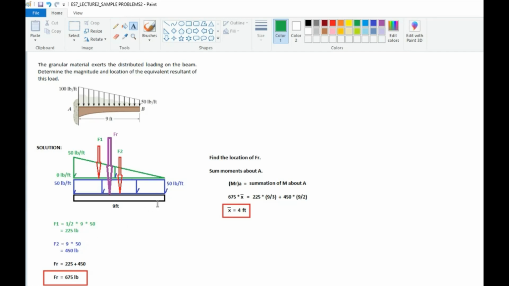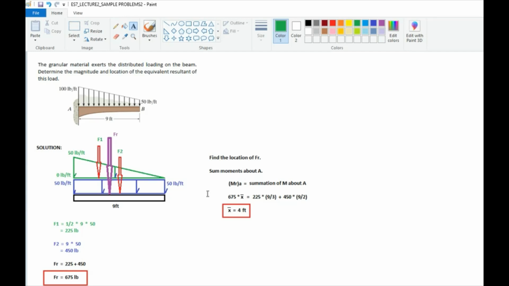So, base 9, height 50, you get 450 pounds. Now, to get the resultant, since pareho namang pababa yung direction nito, ibig sabihin, i-add mo lang sila. Diba? Therefore, FR is equal to 675 pounds. Ayan, may FR na. Ngayon, kukunin na lang natin yung location ni FR.